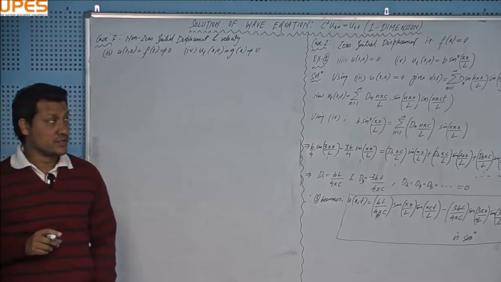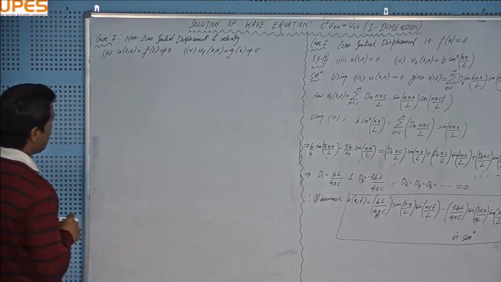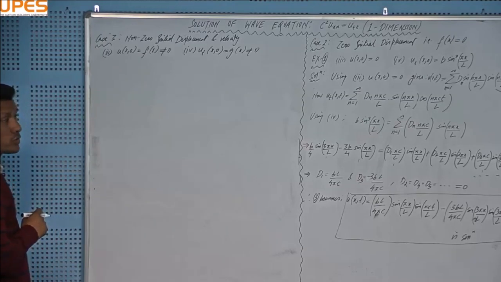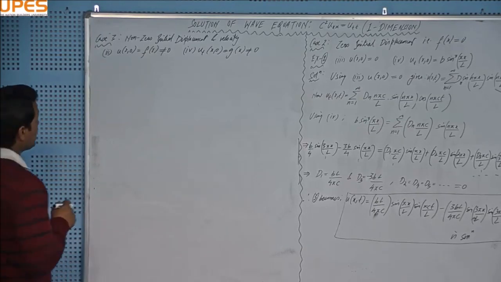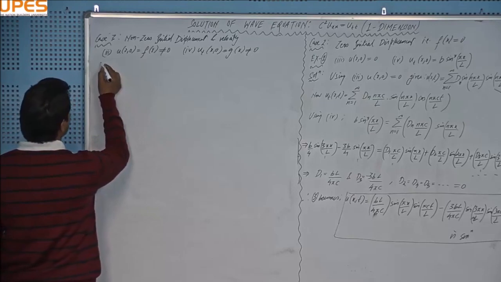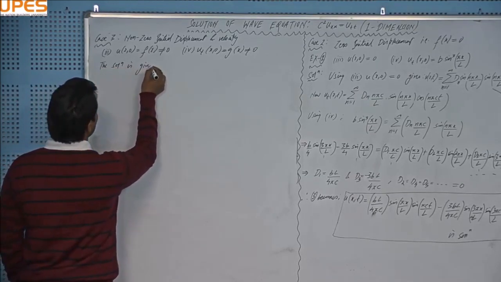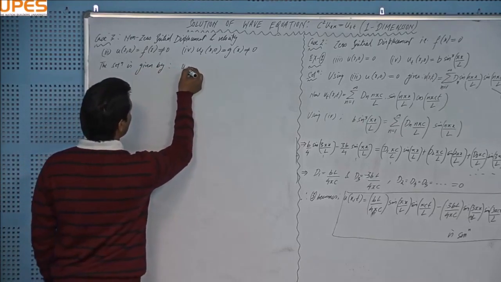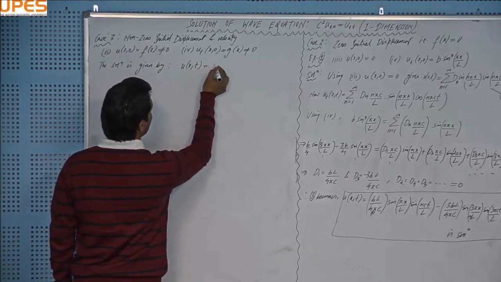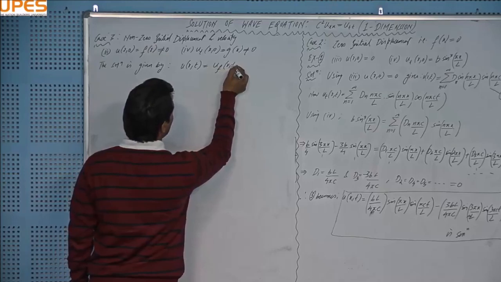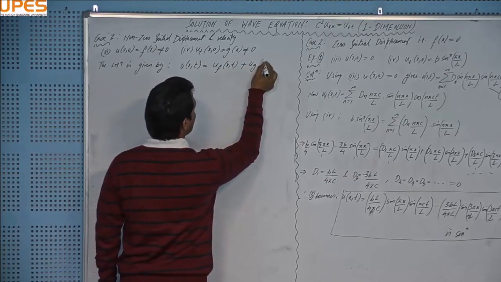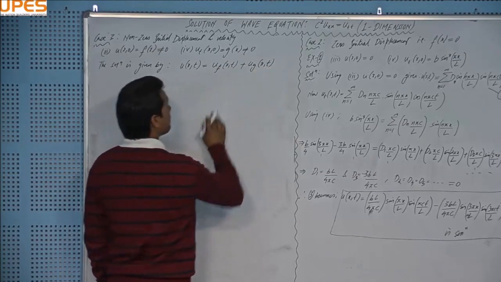So this will be the case, and to find the solution for this case, what we need, the solution is given by u(x,t) equal to u_f(x,t) plus u_g(x,t). This will be the solution.